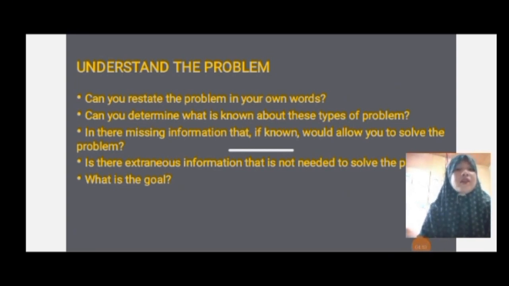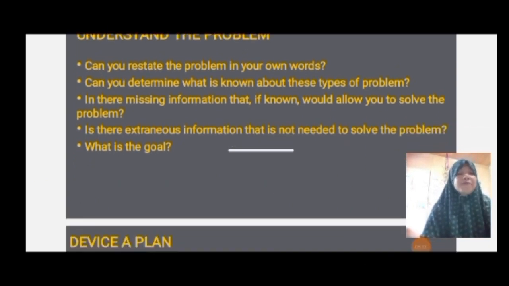Can you determine what is known about this type of problem? Is there missing information that, if known, would allow you to solve the problem? Is there extraneous information that is not needed to solve the problem? And lastly, what is the goal?